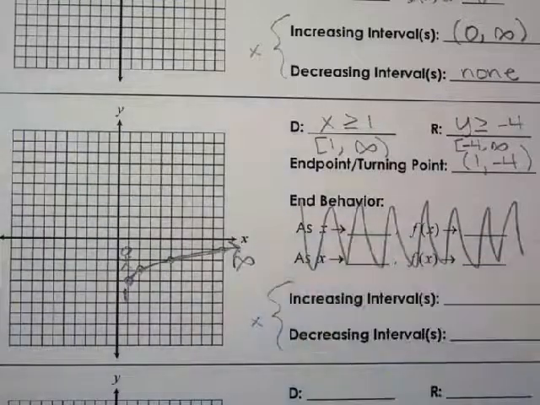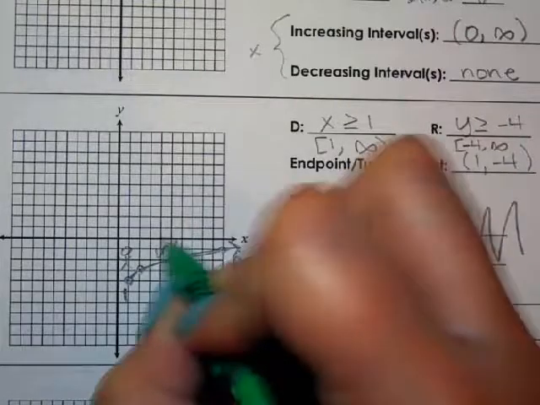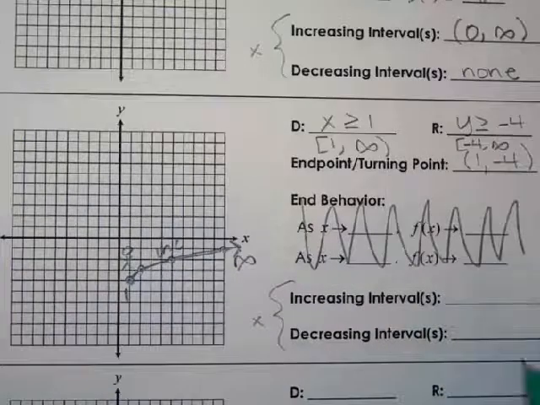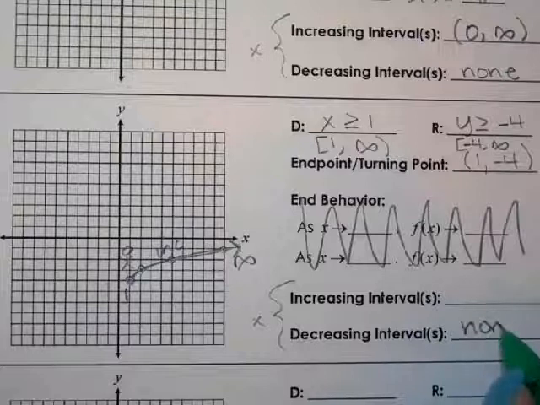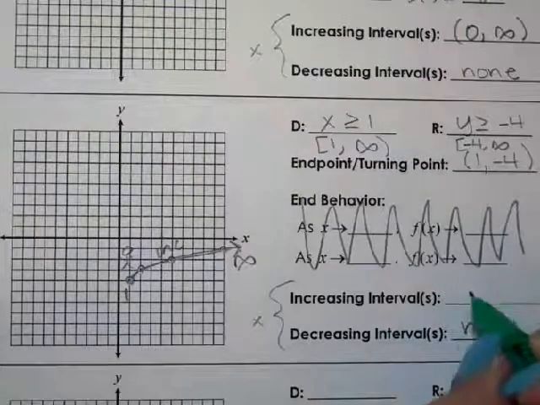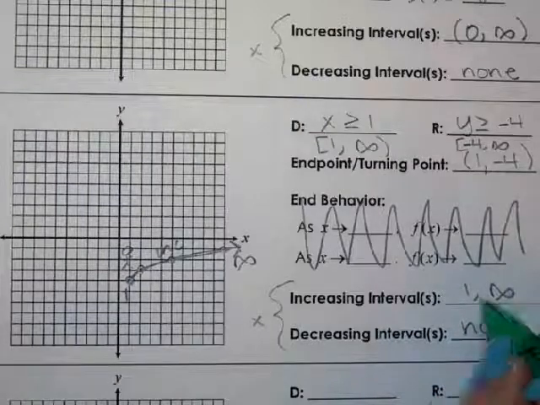If he was biking, that would not be fun. That's when you're biking, breathing very hard. So what should we write for decreasing interval? None. And what should we write for increasing interval? 1 comma infinity. I'm going to do parentheses because for increasing and decreasing, I just always do parentheses. Okay.